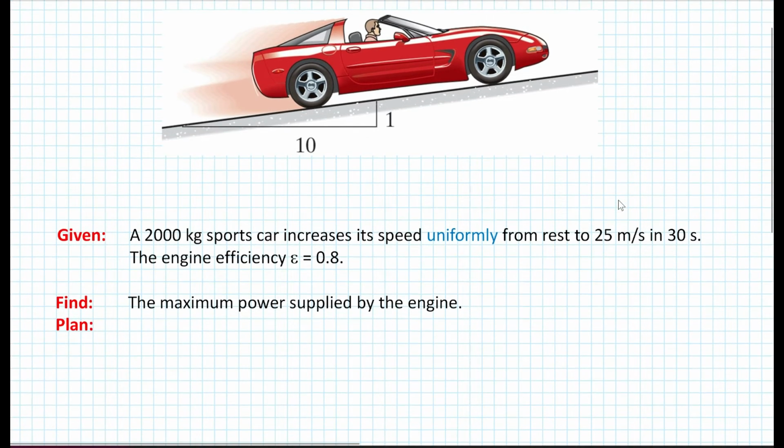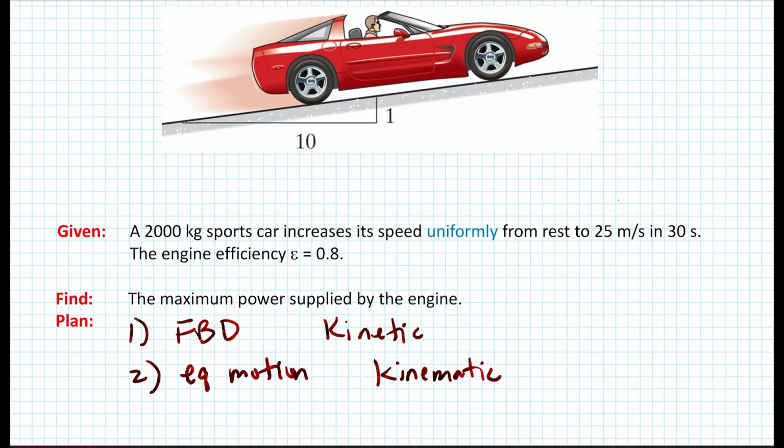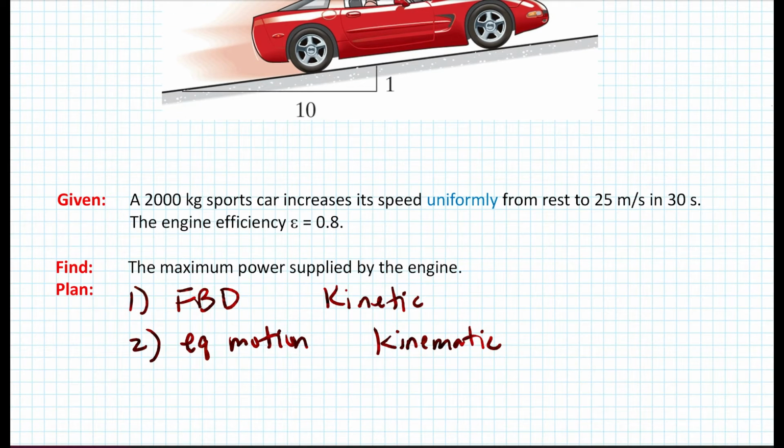So we go ahead and plan it out. What we're going to do is draw the free body diagram and also draw the kinetic diagram. After that, we're going to apply the equation of motion and also the kinematic equations to find the force.